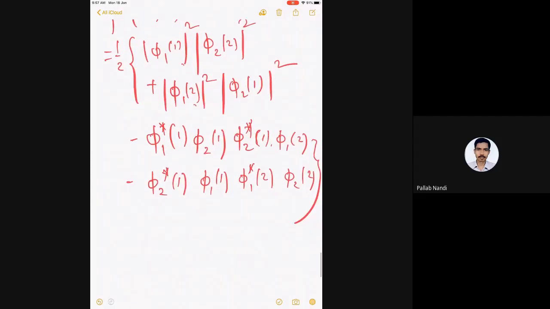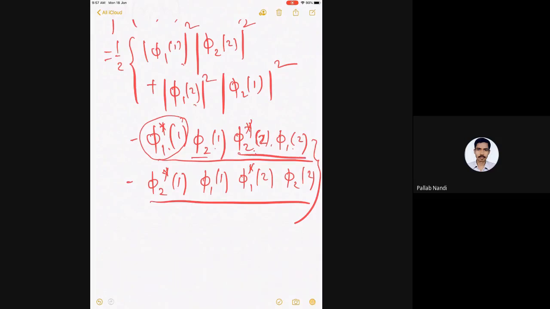In addition, I have a term which I cannot explain classically, because there is no density here. Look at electron 1. It is phi 1 star 1 into phi 2 1. So I have phi 1 star 1, phi 2 1, and I have phi 2 star 2, phi 1 2, which had no classical meaning.